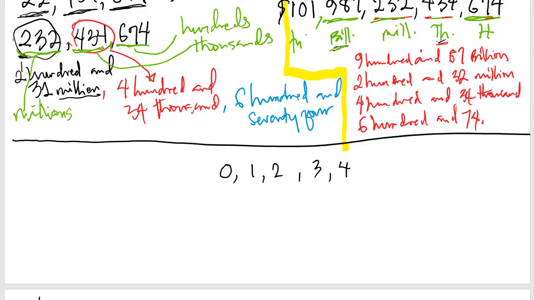If we go this way from 0, we start from nothing. 0 means starting point. You move on, you proceed to 1, you proceed further to 2, you proceed further to 3, proceed further to 4. So you're counting from something, you move this way, the positive direction.